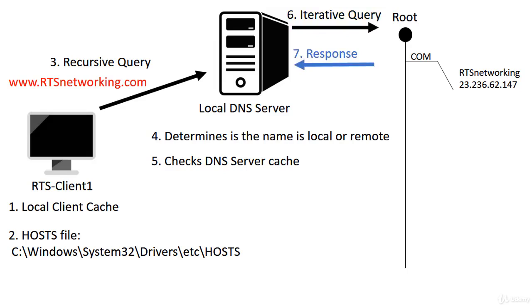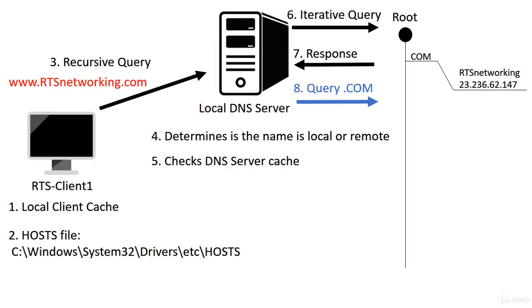Well, the root says, no, I can't directly tell you that RTS networking resolves to a certain address, but what I can tell you is you should go query this other group of servers. They hold the .com namespace. Every publicly registered website in the world that ends in .com, they would have a record for that website. So my local DNS server receives that response. The local DNS server will then query the .com namespace, specifically looking for RTS networking.